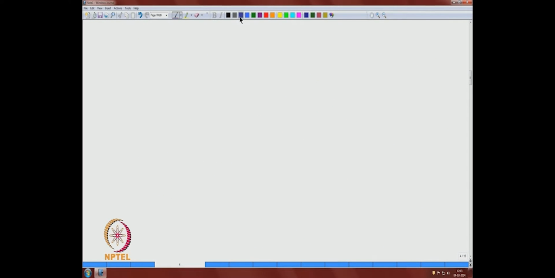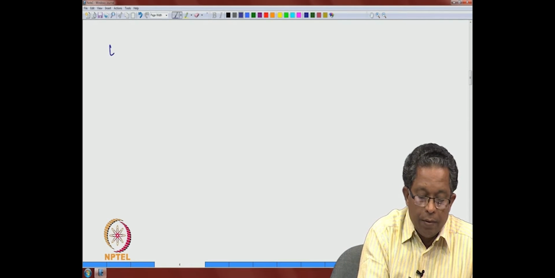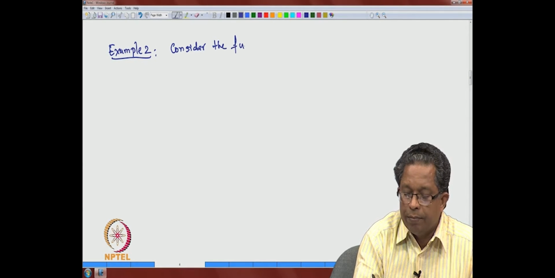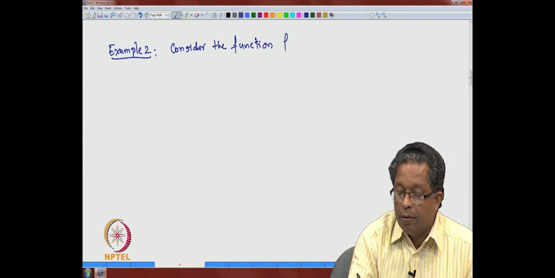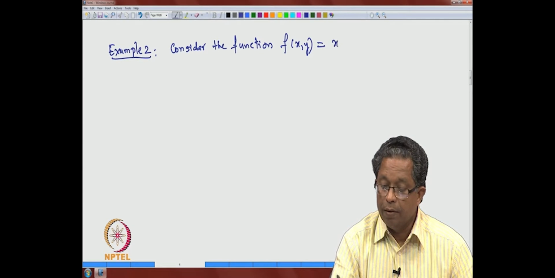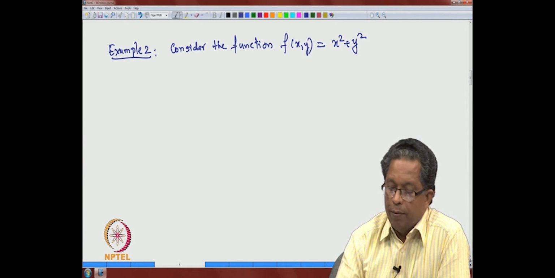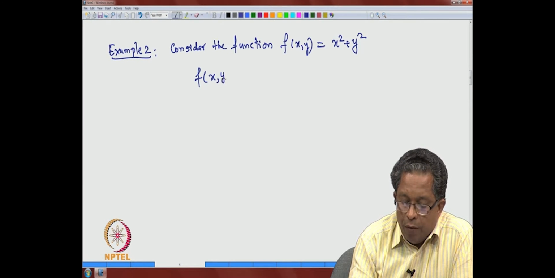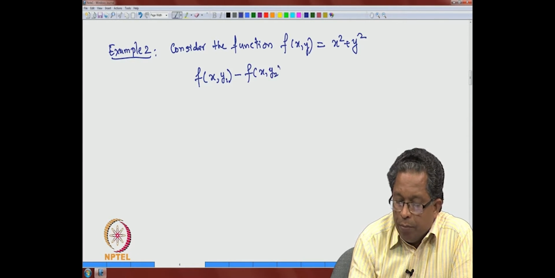Now, consider another example. So, consider the function of two variables x and y given by x square plus y square. So, these are two variable functions. So, let us check the Lipschitz continuity. So, f of x y1, the first point, and f of x y2, the second point.